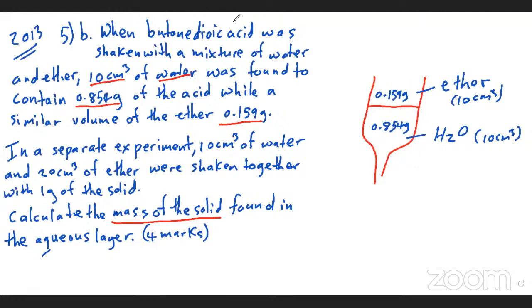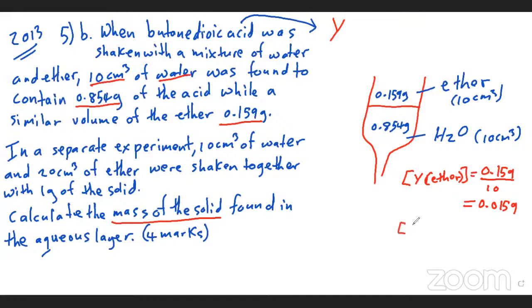So I'm going to call this Y, to keep it simple. The concentration of Y in ether would be equal to 0.159 divided by 10, and that would give me 0.0159.